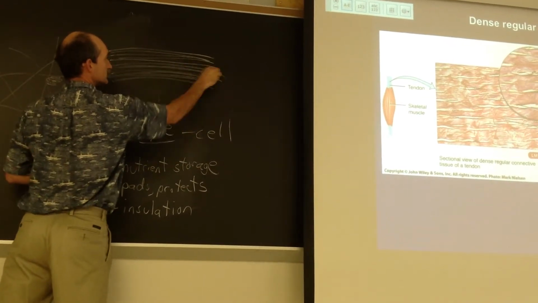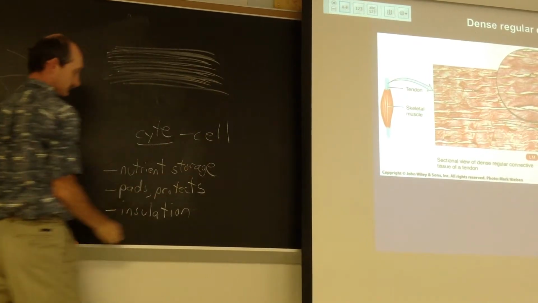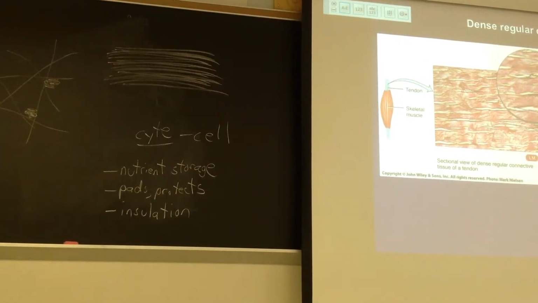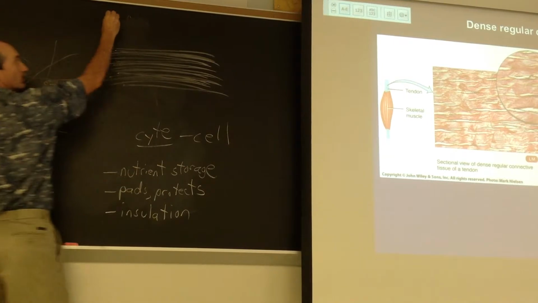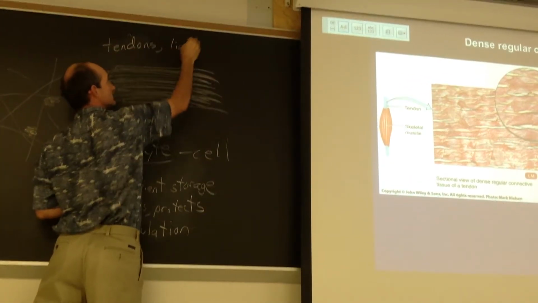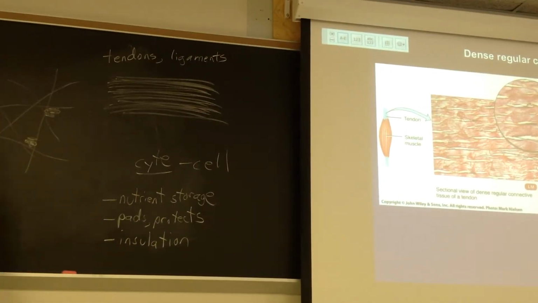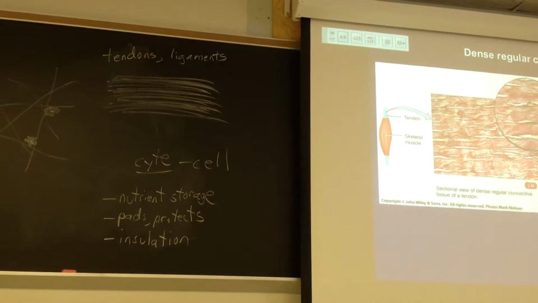And they are very tight, they're very dense, as the name suggests. We find these especially in tendons and ligaments. They form a very strong connection anchoring bone to bone or muscle to bone.